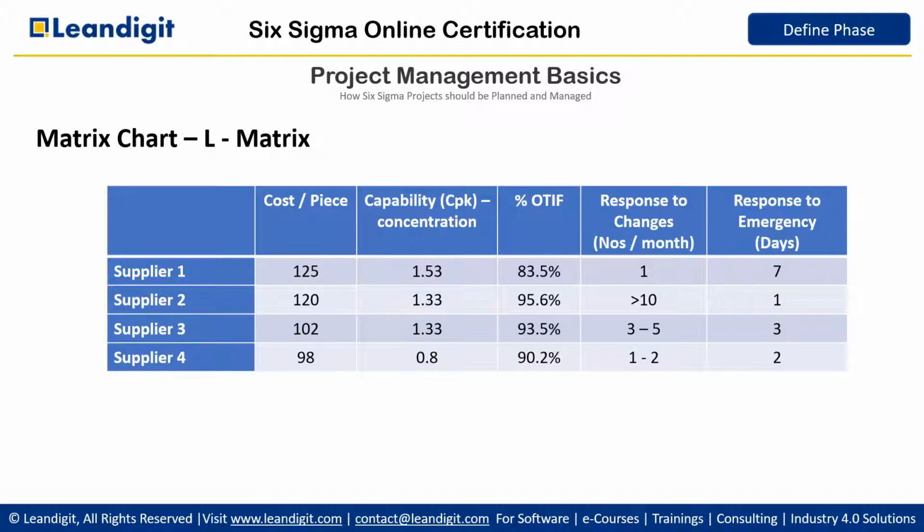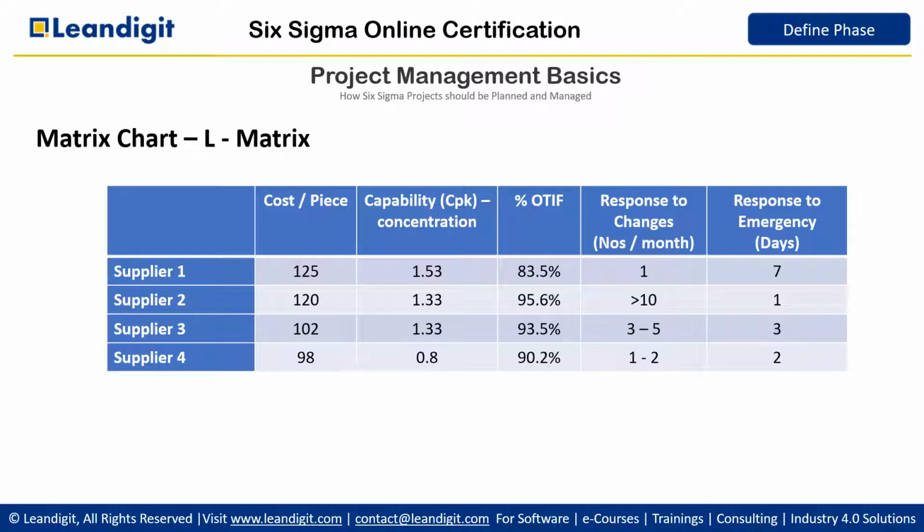On supply performance, which is delivery performance, on time in full, supplier 2 is the best. On response to changes, that means the number of changes they are ready to accept, more than 10, supplier 2. On response to emergencies, supplier 1 and supplier 2 are the best. Therefore overall it looks like supplier 2 is the best supplier.